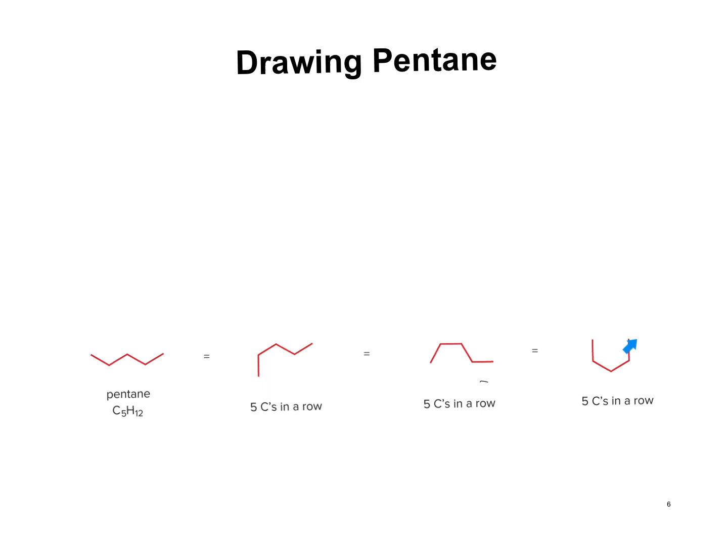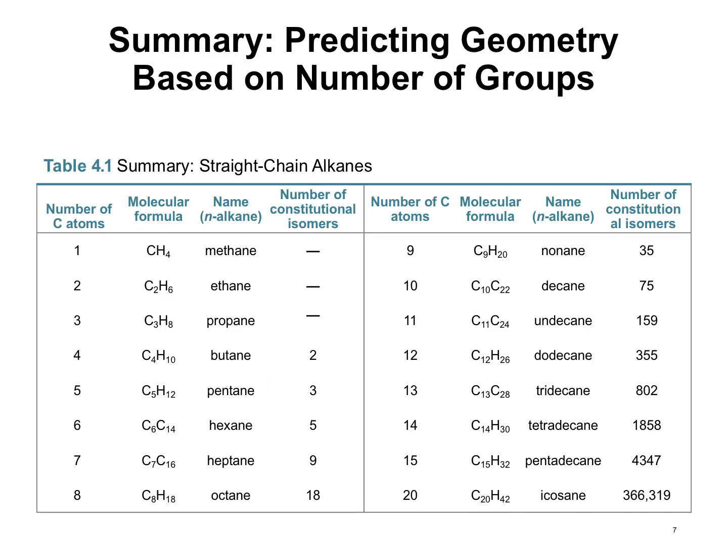If it's arranged this way, it's still 5 carbons in a row. 1, 2, 3, 4, 5. So we can draw these in a lot of different shapes and it's still pentane because we're using a 2-dimensional surface to represent something that's 3-dimensional. So if you draw it like this and your neighbor draws it like this and your other friend draws it like this, you all are correct even though they look different.